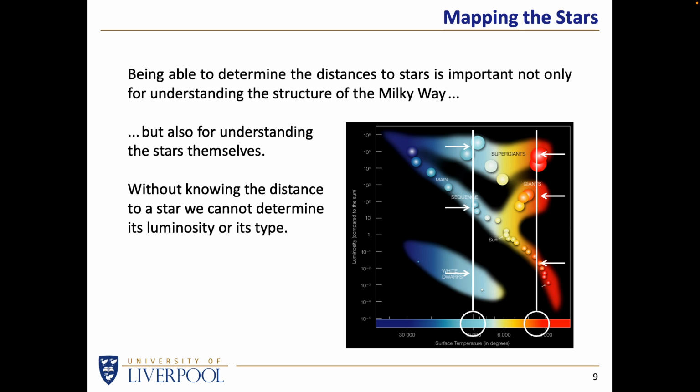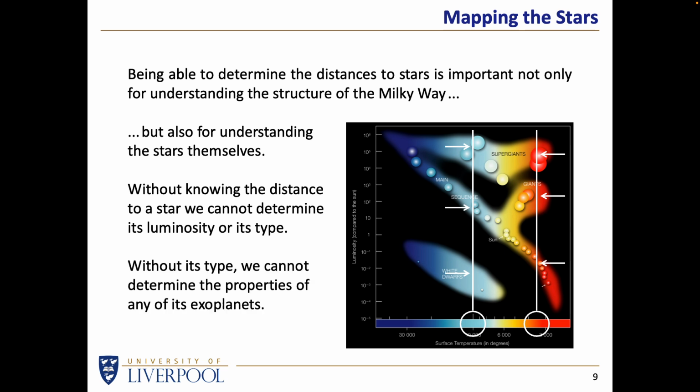You can get clues from the spectrum, but we really want a precise measure of distance to give us a precise luminosity to know where on the Hertzsprung-Russell diagram any given star is. And it's a bit of an aside, but bear in mind, if we don't actually know the type of star that we're dealing with, then any exoplanets we find around that star, again, we have very limited information.